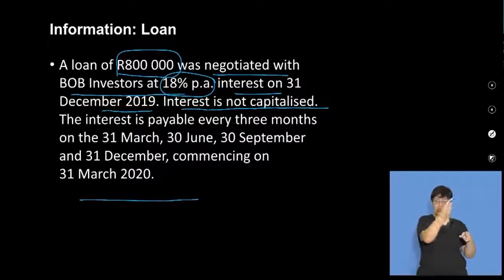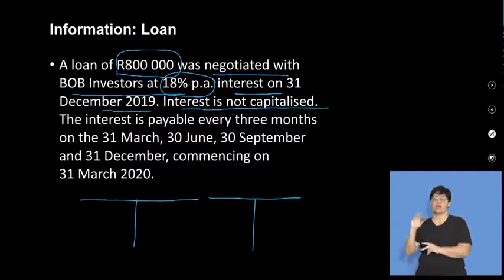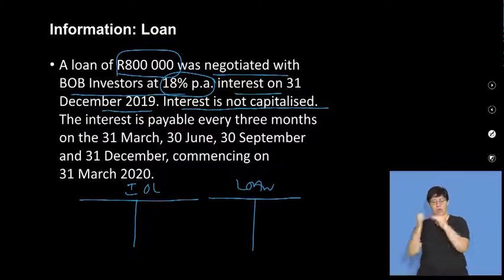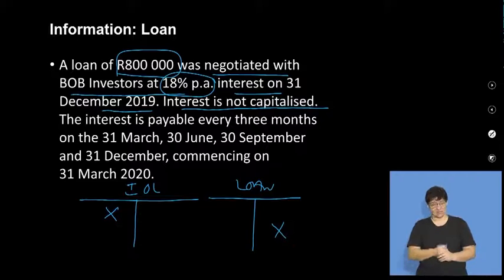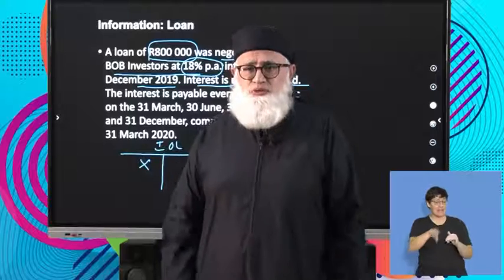Now, obviously, this is more applicable to the adjustments, but I think it's important for you to understand the concept. So here's your interest on loan, there's your loan account. So if you're capitalizing the interest, you're debiting your interest on loan, which is your expense, and you're crediting your loan account, meaning the interest is added back to the loan account. Okay, so keep that in mind. When they're talking about capitalization of interest, this is what we mean.